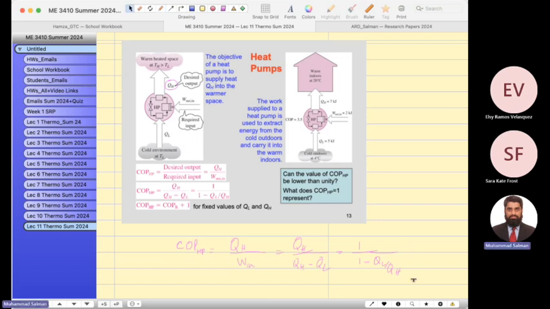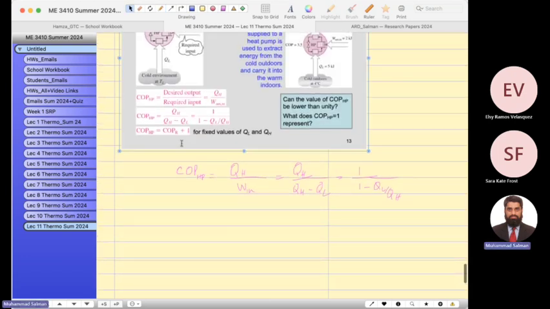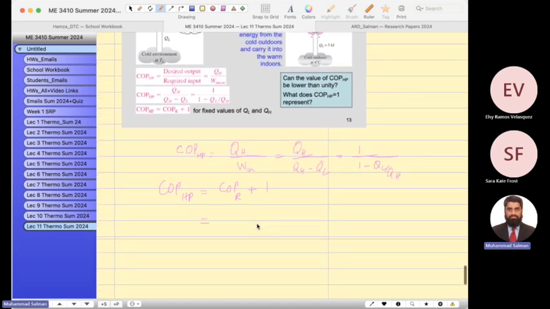And that is true, and this is always 1 plus COP of R. COP of heat pump is greater than COP of refrigerator plus 1. You can prove it. Look over here. If you do this, COP of refrigeration cycle is QL as the desired output over QH minus QL, plus 1.